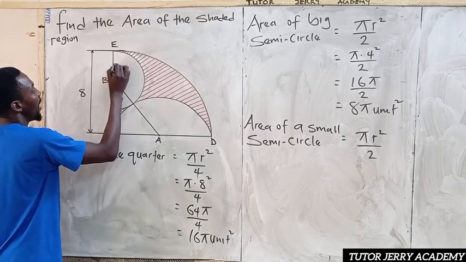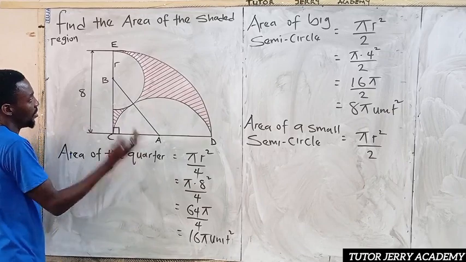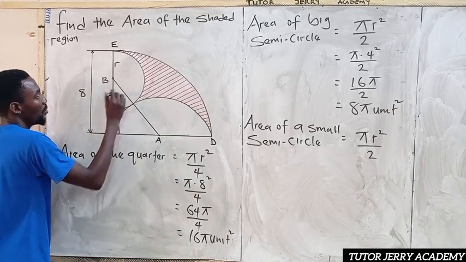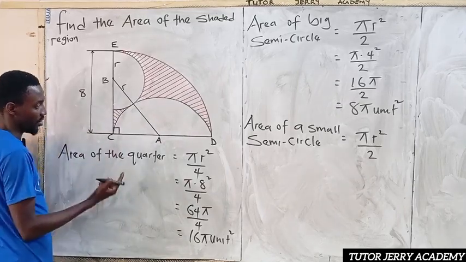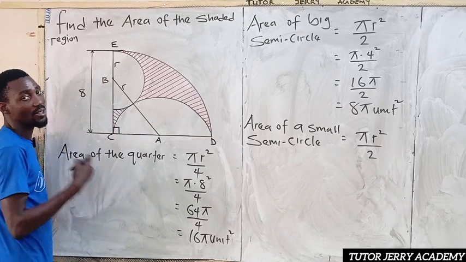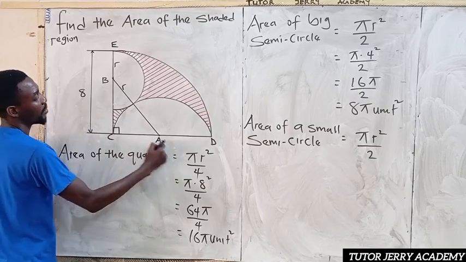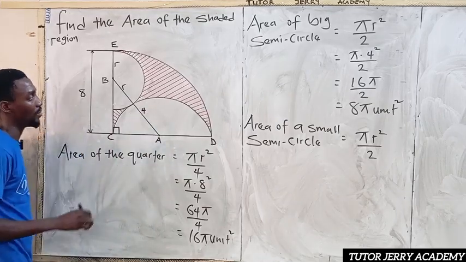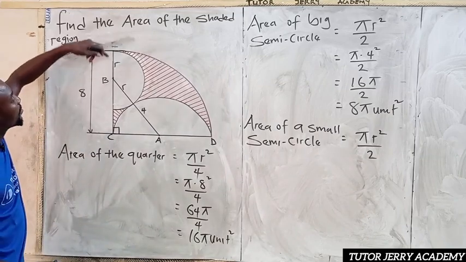So we can say this place is R. If this place to this place is radius, definitely this place to this place too is going to be radius. Now from this point to this point is radius, definitely from this point to this point is another radius. And we know that from this point to this point is 8, and the radius here is 4. So definitely this place too is going to be 4.